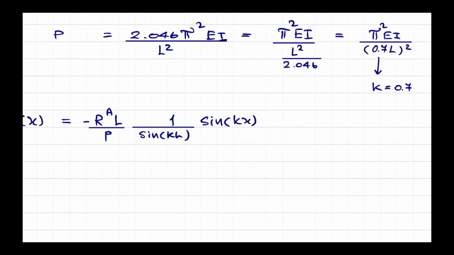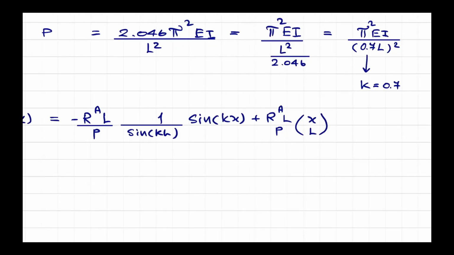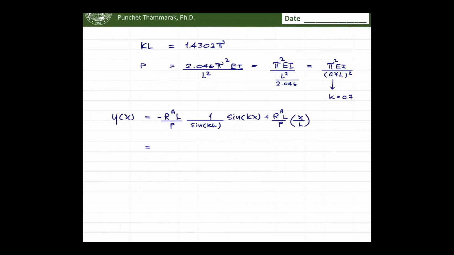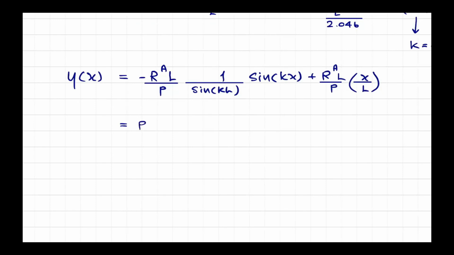The next term is plus RA x over P, or if I arrange this into RAL over P multiplied by X over L, that is going to work. The M over P term is basically 0. So let's rearrange this and we get RAL over P.